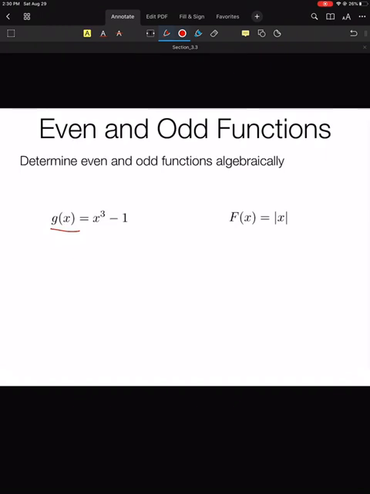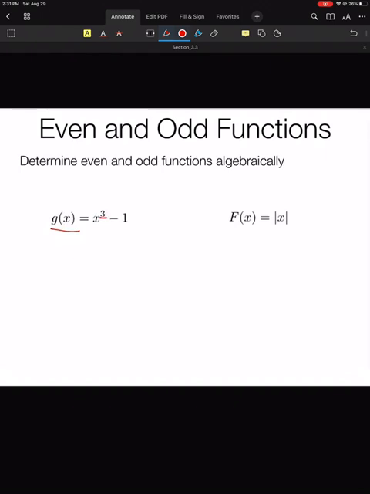Now, this is not a foolproof piece of advice, but generally, if I have a polynomial, or an x term with an exponent that's odd, there's a decent chance that it's going to be an odd function.